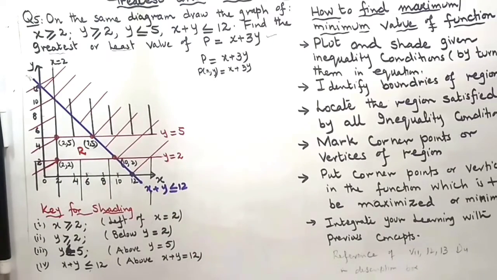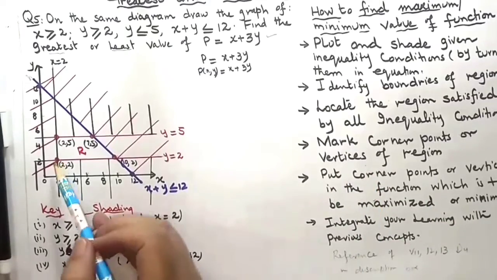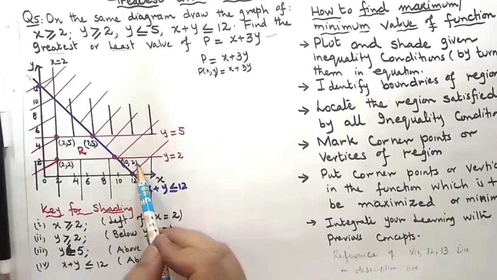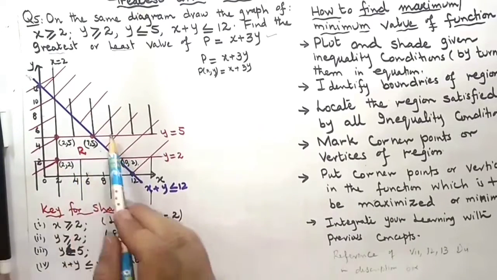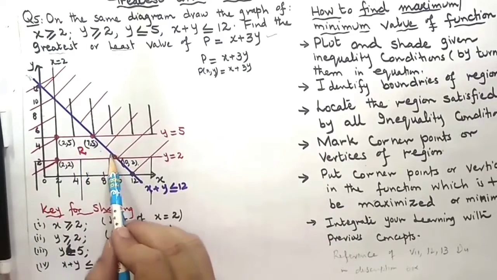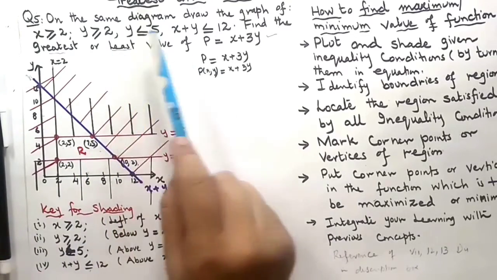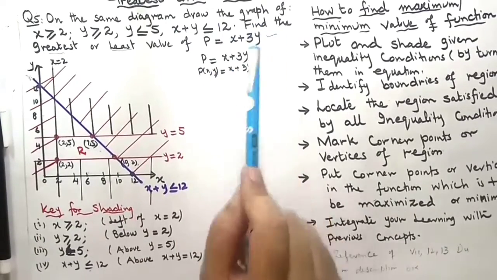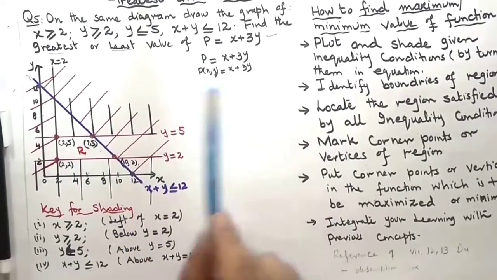And coming to the point that mark the vertices or corner points, these are the vertices: 2 with 2, 2 with 5, 10 with 2 and 7 with 5. I hope now you are clear about what are the vertices or corner points. Now, in order to find the greatest or least value of the function p equals to x plus 3y, we have to put these corner points one by one in this function.